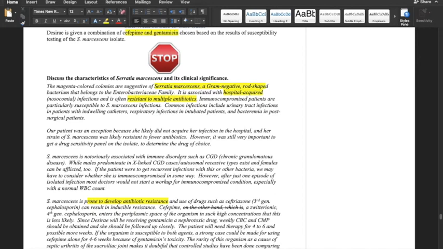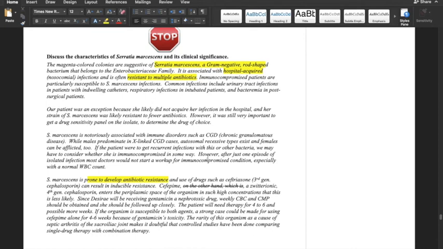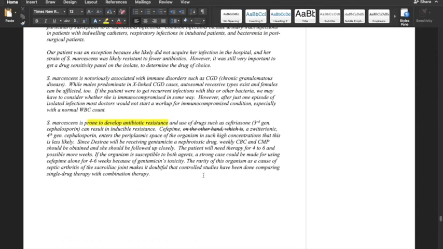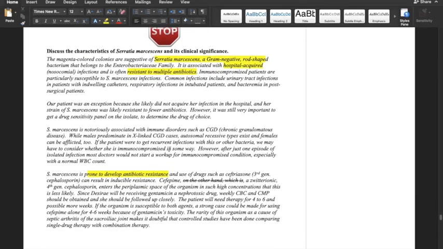You want to consider ruling out immunocompromised conditions if patients have more than one infection, but one would not be enough to do a full workup. So because of the high resistance, we use really broad agents like cefepime and gentamicin.